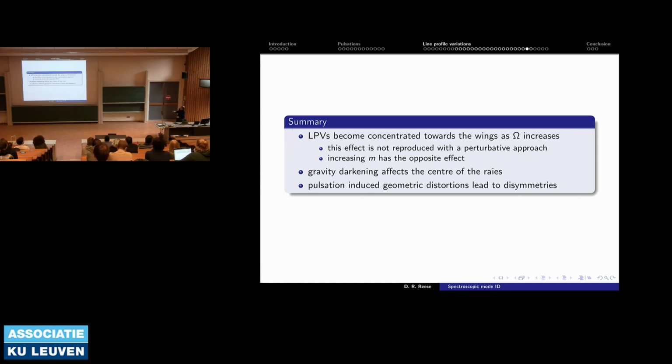However, if you increase the azimuthal order, this tends to counteract this effect and distributes the amplitude throughout the absorption line. Gravity darkening tends to affect the center of the absorption lines. And then, of course, the last point we saw is how geometric distortions caused by the pulsations lead to dissymmetries.